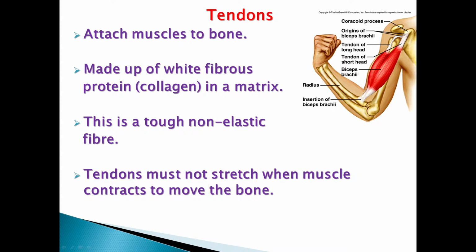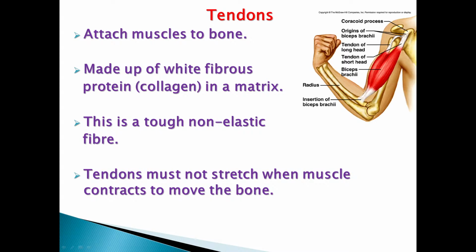So you have the muscle, which can actually stretch, and it will join itself to the bone, so that when the muscle contracts, then the bone can actually flex. Tendons must not stretch when muscle contracts to move the bone, and that is simple.